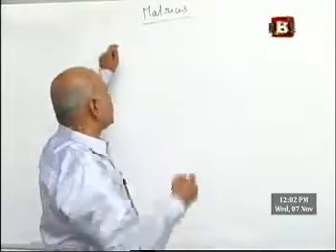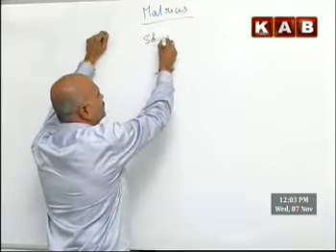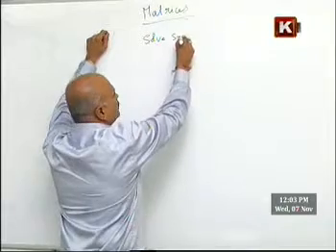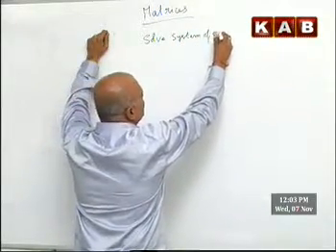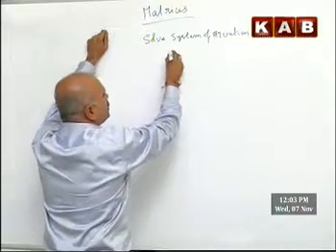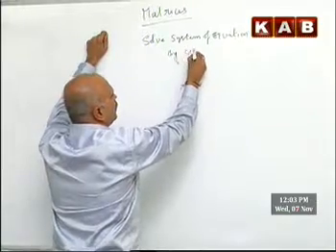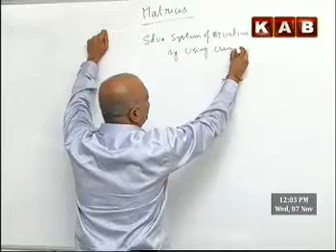So here, let us suppose you are given: solve the system of equations by using Cramer's rule. They specified it.